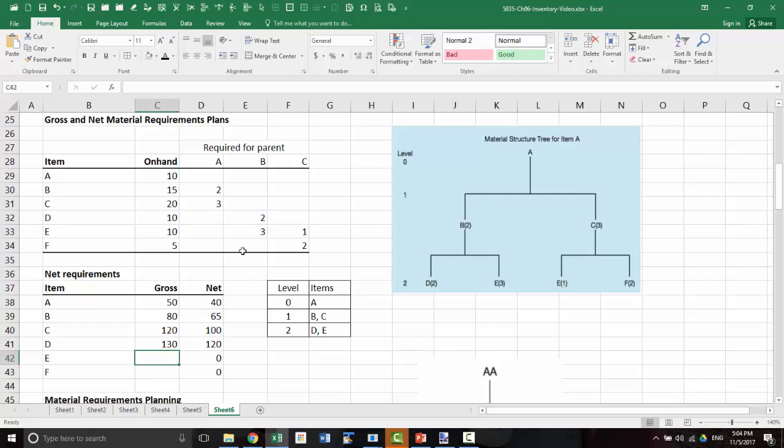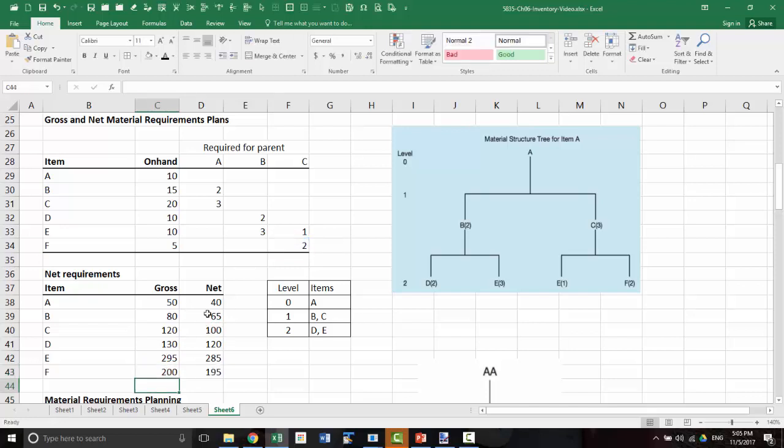Now E, you need 3 for B and 1 for C, so 3 for B plus 1 for C. And then finally F, you need 2 for each C.